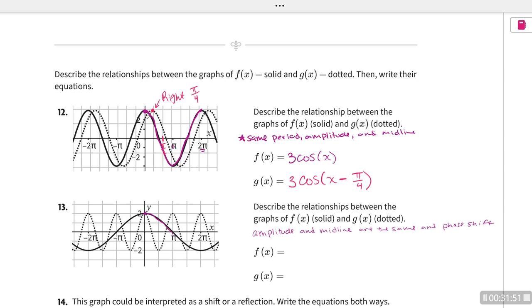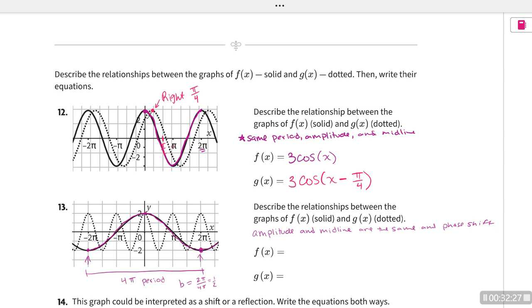We've hit a midline at pi. And we can't even fit a full graph to the right here. We're going to go down this way. And after negative 2 pi, here, negative 2 pi and 2 pi, that whole distance is 4 pi, which is our period. So our b value is 2 pi divided by 4 pi, or 1/2.